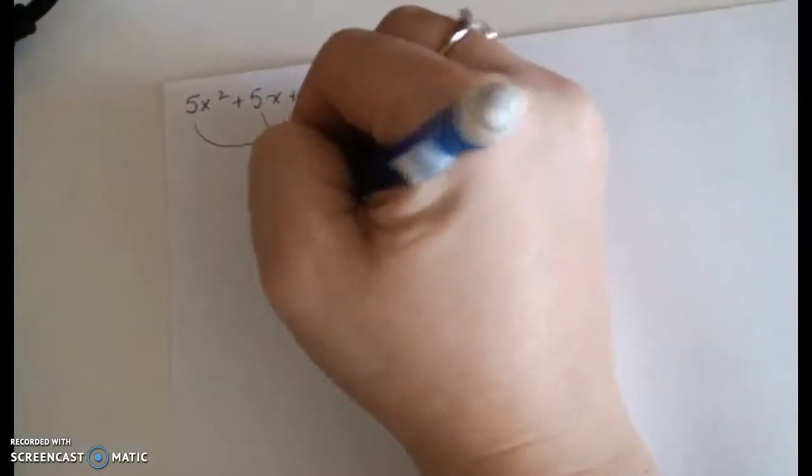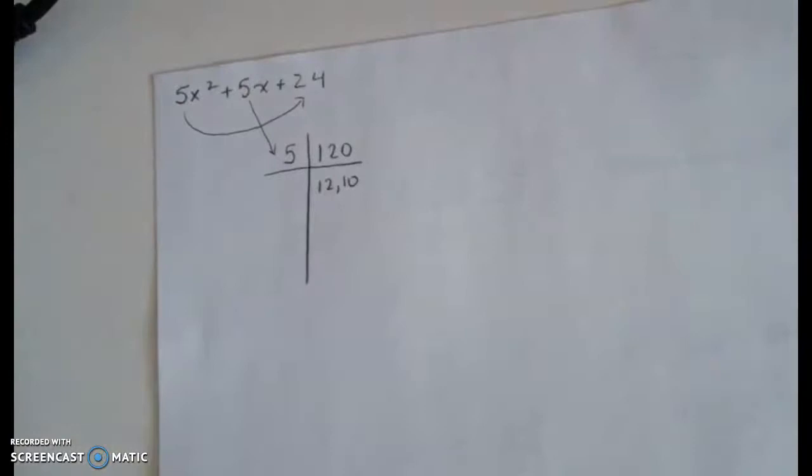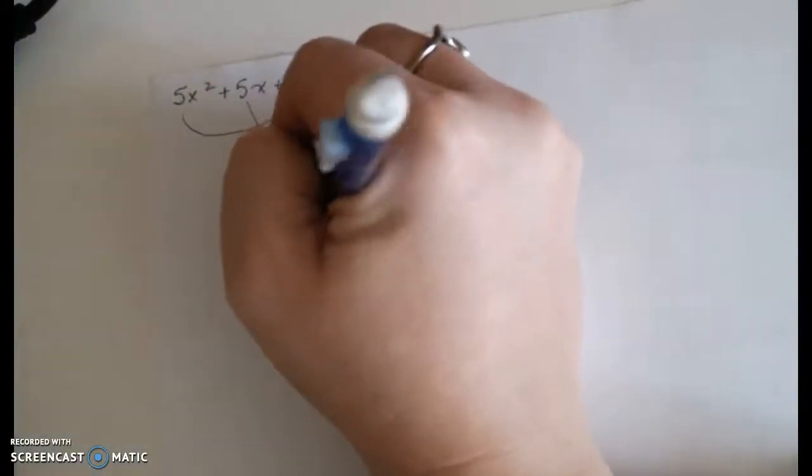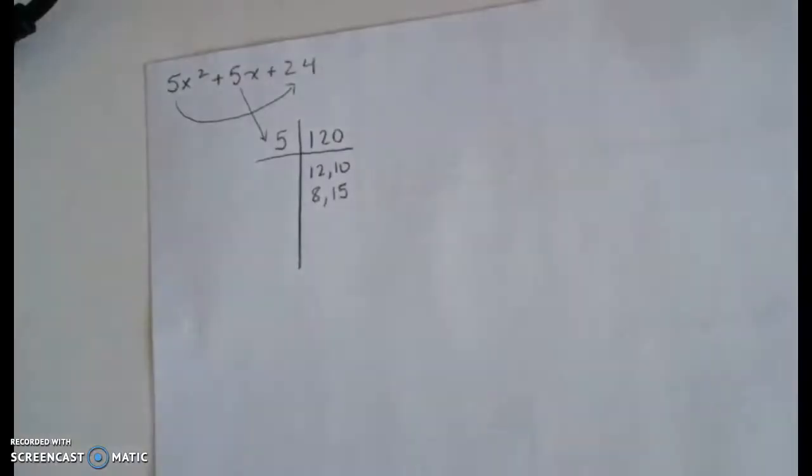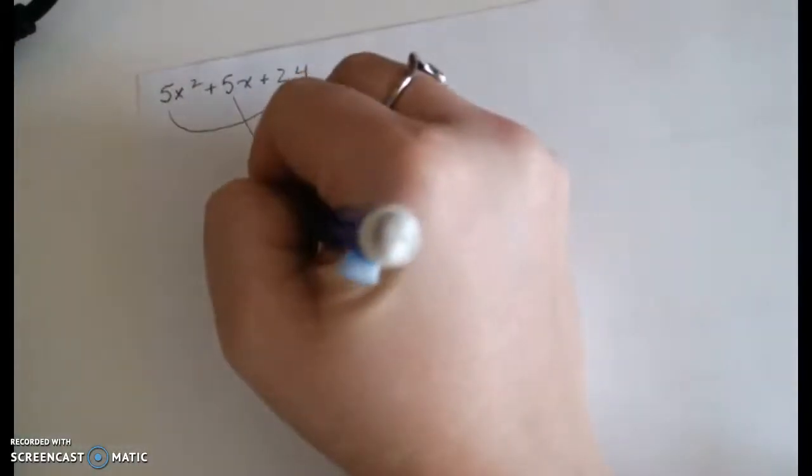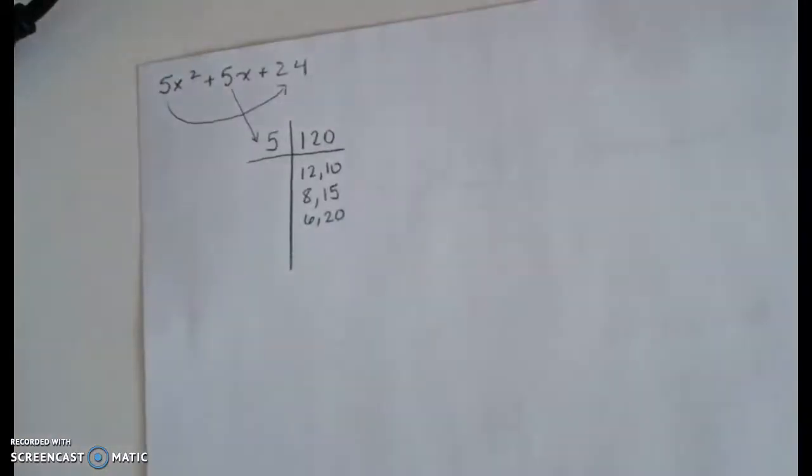I'm going to start with 12 and 10, and I'm going to go backwards from there. So 120 is also divisible by 8. It's not divisible by 7. It's divisible by 6 and 20, which still doesn't work.